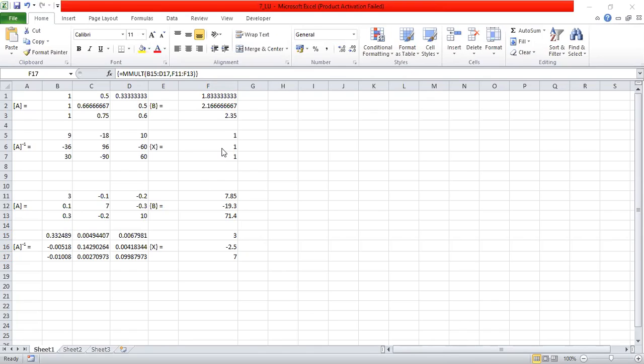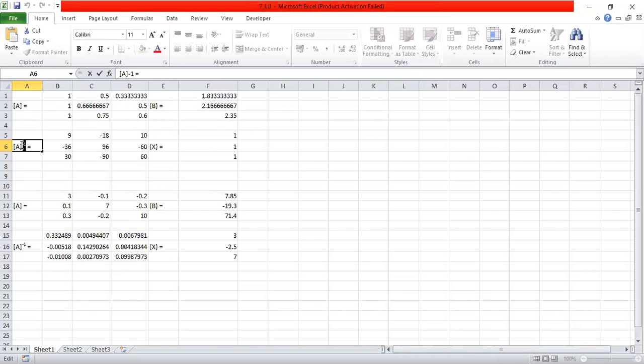Okay, you said I should select A6. So this is A6. I just simply typed it. So this is just typing. So I just typed A here, then inverse.